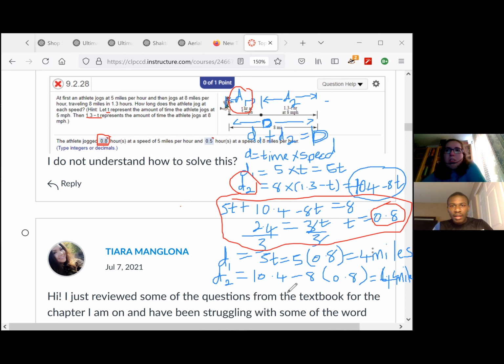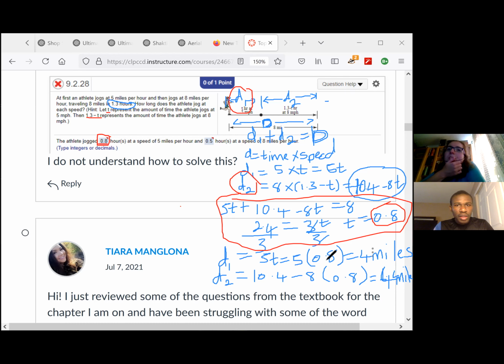Then D2, remember, the total time taken was supposed to be 1.3 hours, according to what they said here, right? Yeah, that's the total time. Meaning the time taken when they jog at 8 mph.